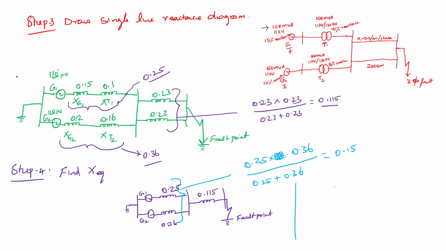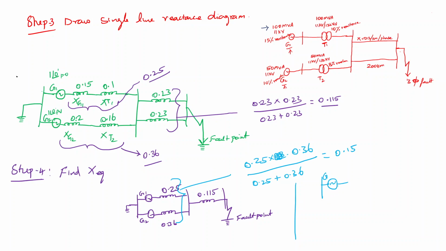So I will continue here only. Now I can take the generator as a single generator, because we know that all the generator values are the same, 1 per unit. So I am taking the generator as a common generator here.